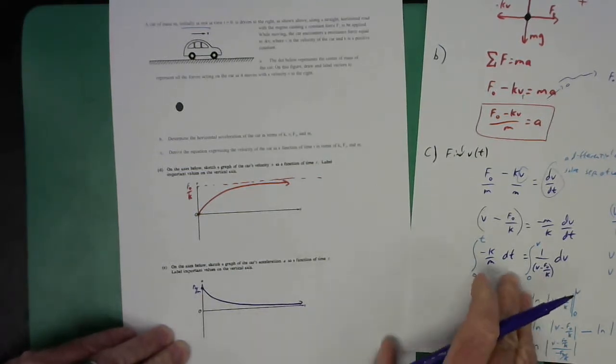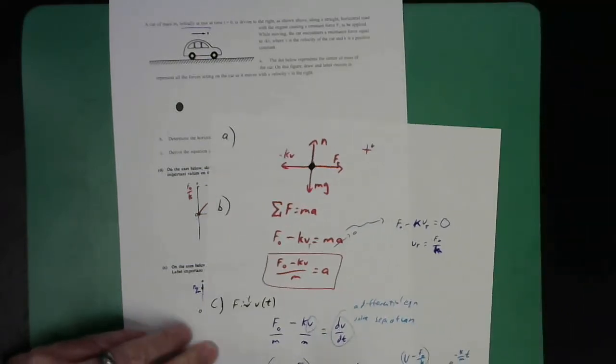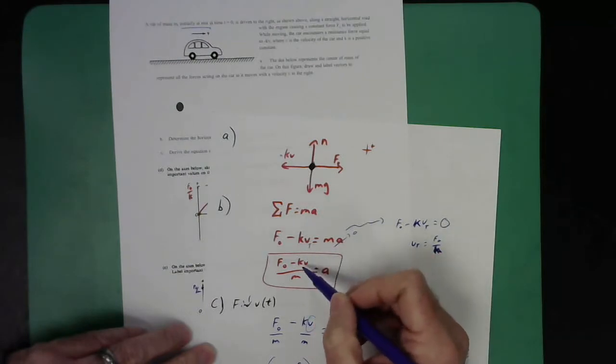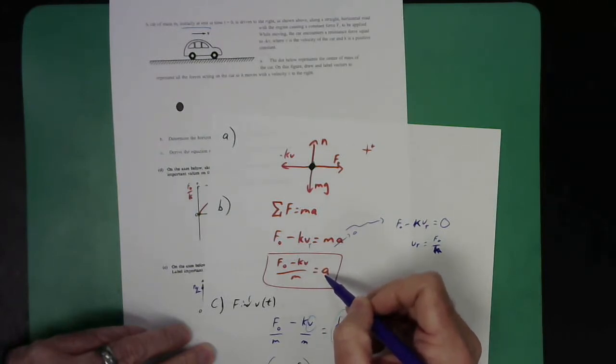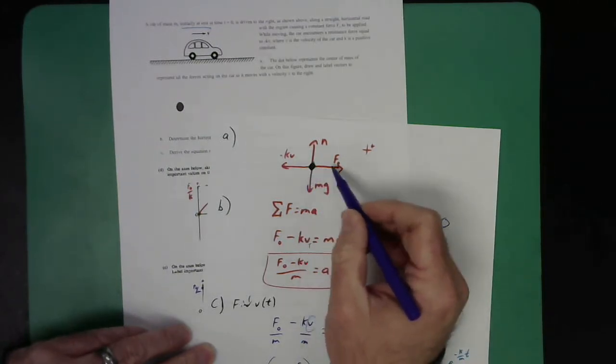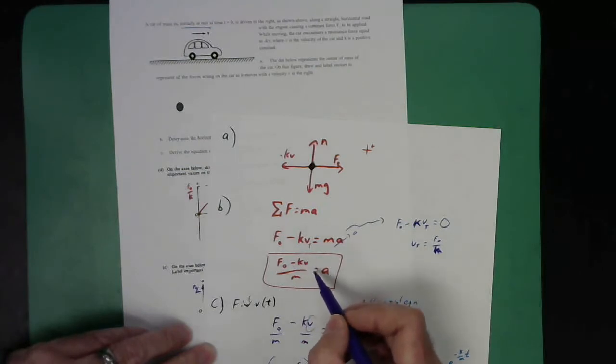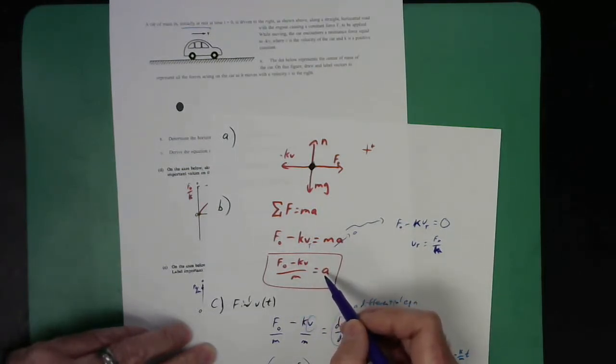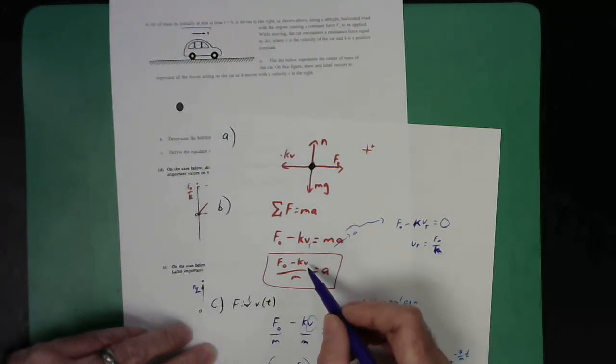But it will take an infinite amount of time, because as this velocity approaches terminal, the acceleration is really small. As these forces, kV and F naught, are about to balance, this difference will be approaching 0, and so the acceleration approaches 0. So how fast can that velocity change now?